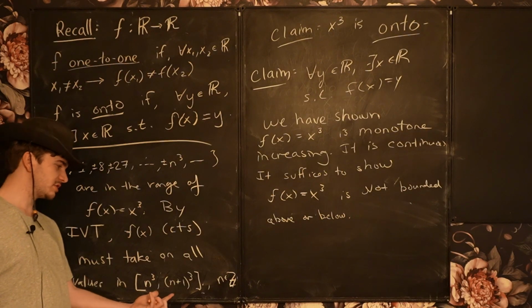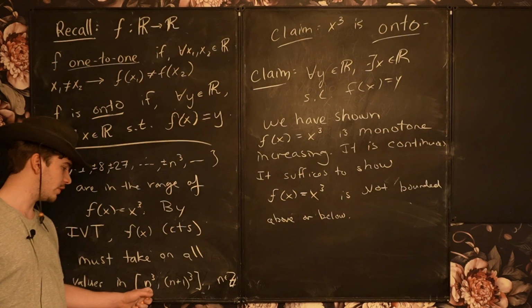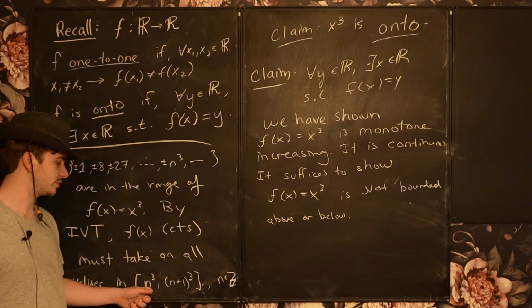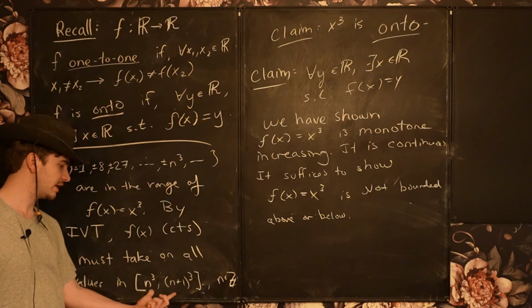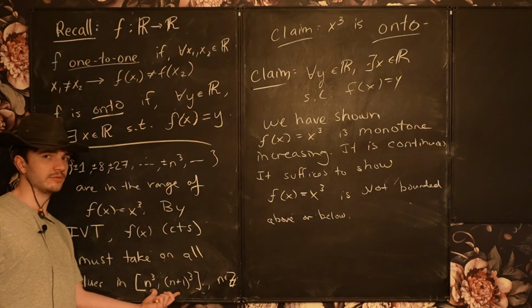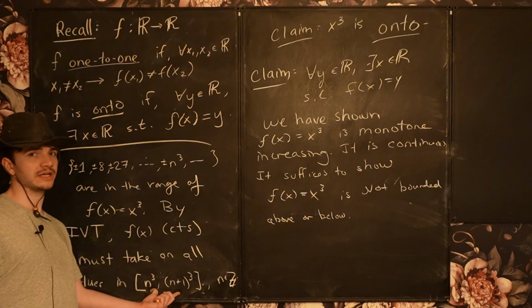So this function, which is continuous, we know it hits n cubed for all these integers, and so by the intermediate value theorem, it's going to hit all the values in these intervals because it hits the endpoints.